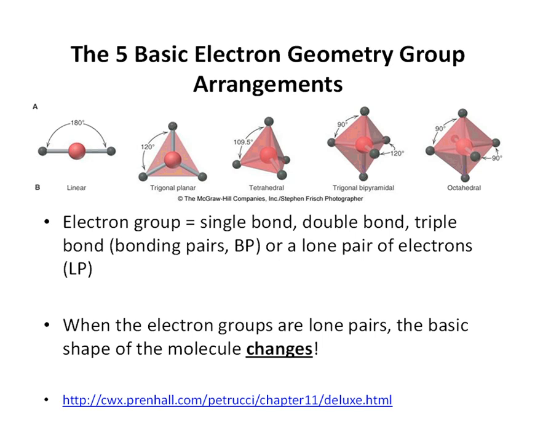So the first 5 groups are linear, trigonal planar, tetrahedral, trigonal bipyramidal, and octahedral. We're going to walk through each of these groups, and as we go through them, you'll see that there's a variety of different shapes that can be generated.